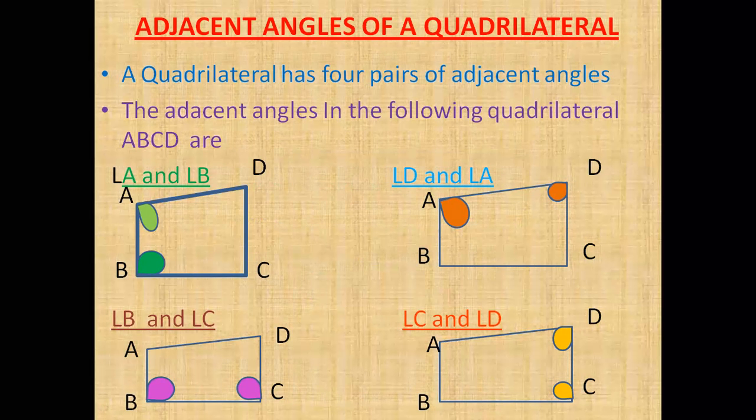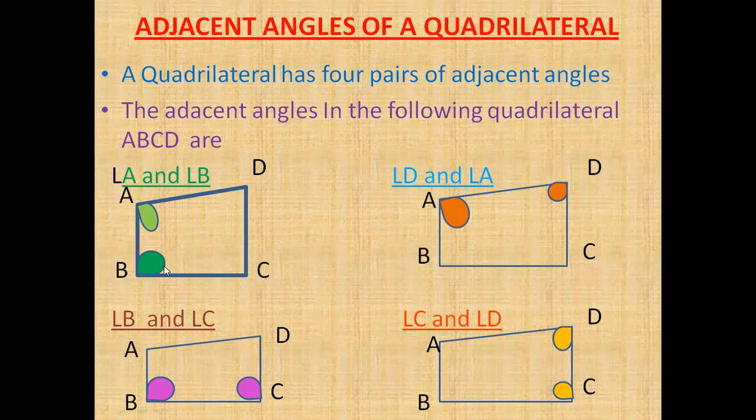Adjacent angles of a quadrilateral. A quadrilateral has four pairs of adjacent angles. The adjacent angles in the first quadrilateral that you are seeing are angle A and angle B. Angle A is actually angle DAB. Angle B is actually angle ABC. So angle DAB and angle ABC have side AB in common.